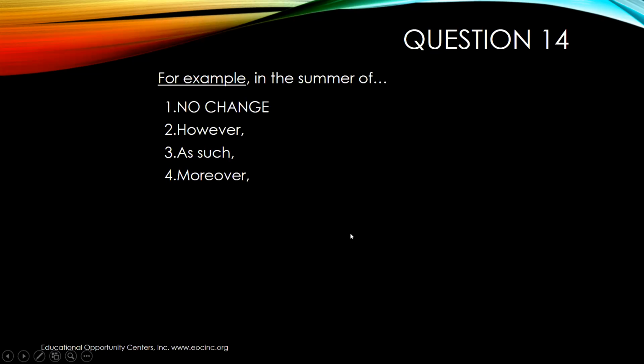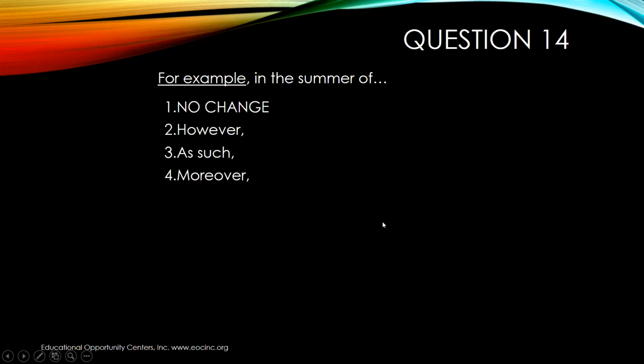It wants you to see, does it fit with the sentence before? So this follows several weeks of higher temperatures. "For example, in the summer of 2012, virtually the entire Greenland ice sheet underwent thawing." Do you think "for example" is good in there?